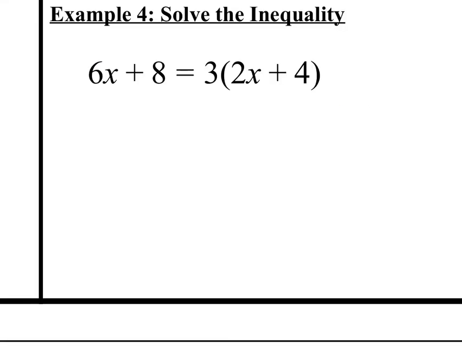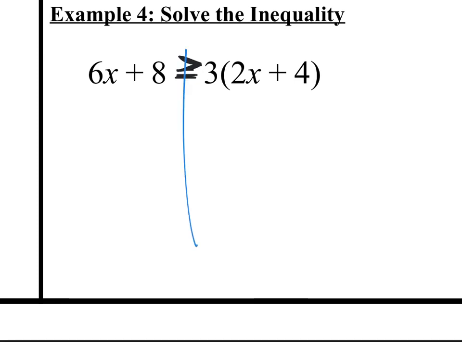Okay, on the last one, I've got a typo and this is my fault. So we're going to fix it right now. I want you to change this so that it's greater than or equal to. Otherwise, this problem isn't very helpful because we were talking about inequalities today and I put an equal sign.